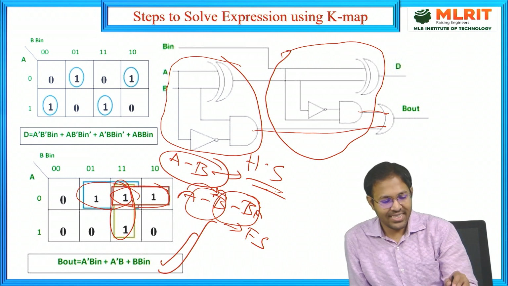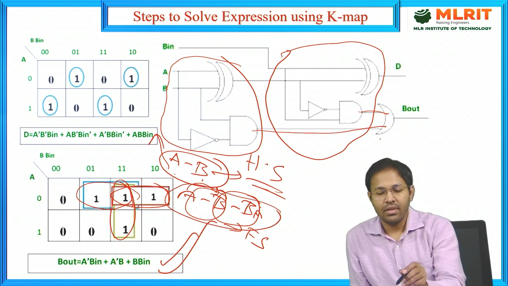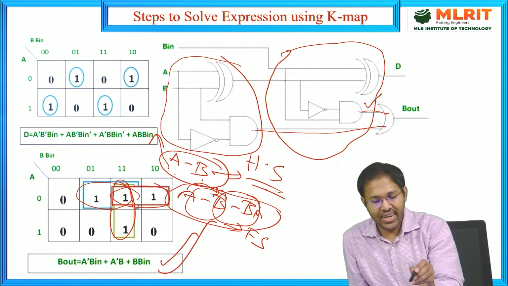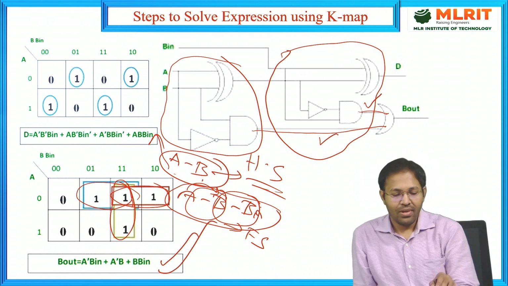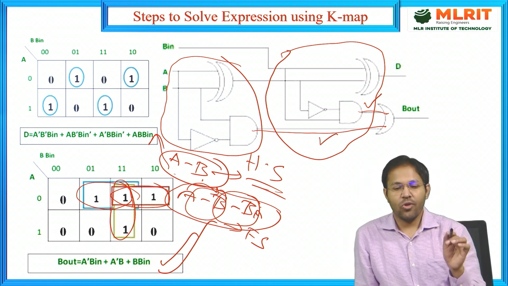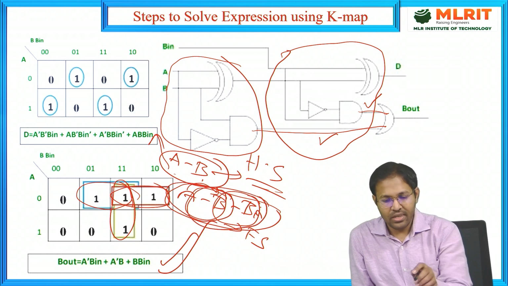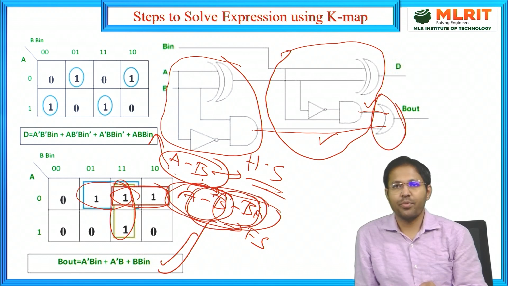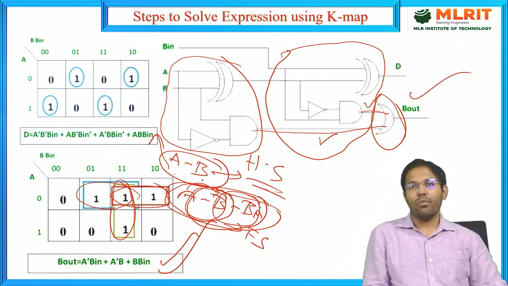First case, it is the borrow out for A minus B, and the second case, it is for A minus B taken together with B in. Now, the reason for borrow could be because of this subtraction or this subtraction. So, all we are doing is putting an OR gate at the end, and that's how easily we could get the borrow out with minimum circuit.